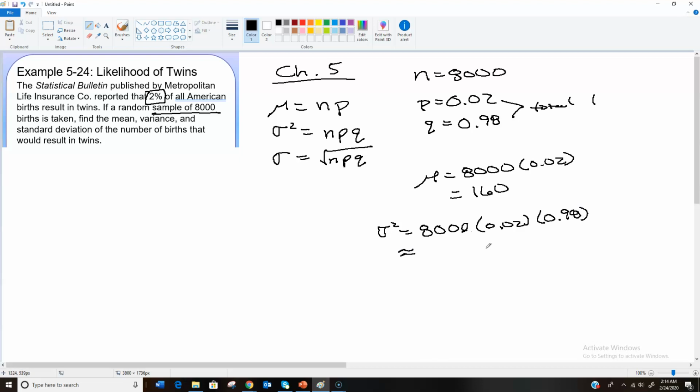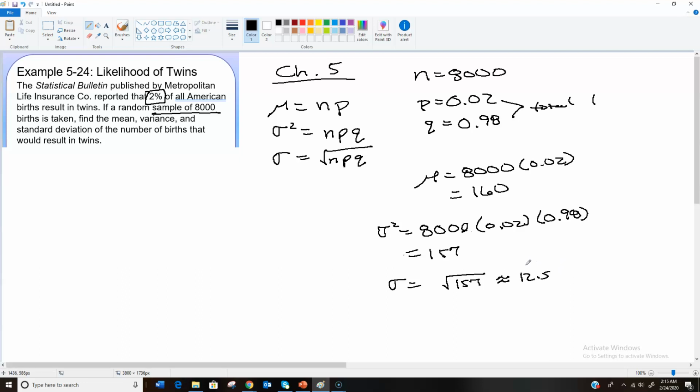And if you enter that in right, that comes out to be 157. So that's the variance, and then the standard deviation is the square root of 157, which is approximately 12.5.